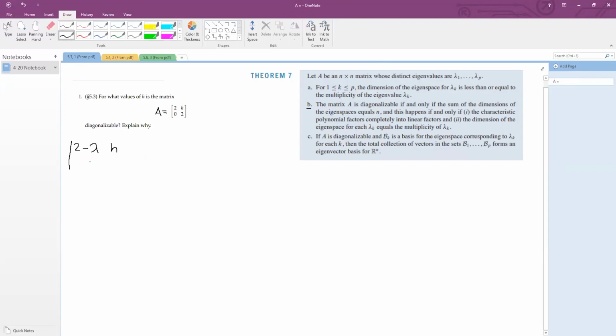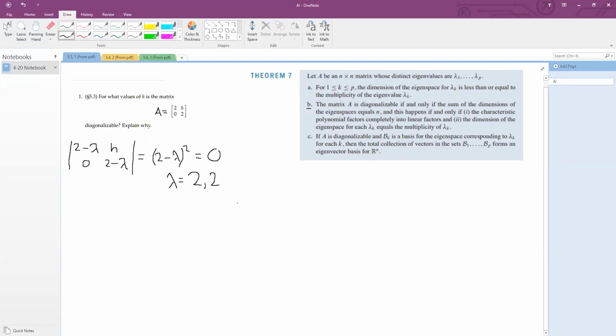So that's going to be 2 minus lambda, h, 0, and 2 minus lambda. If you take the determinant of this, you end up with 2 minus lambda squared. The negative h times 0 just ends up being 0, and we set it equal to 0. This gives us back lambda equals 2 with a multiplicity of 2, so it gives us 2 twice.